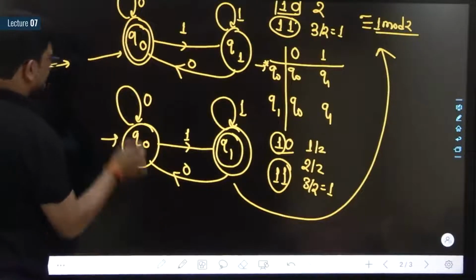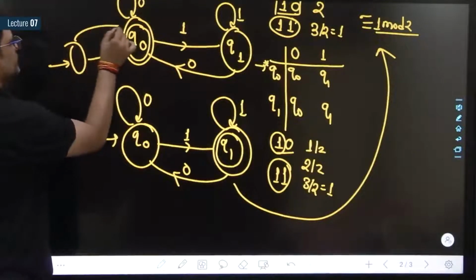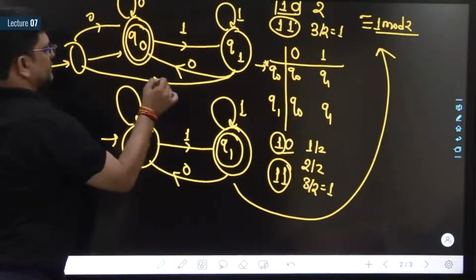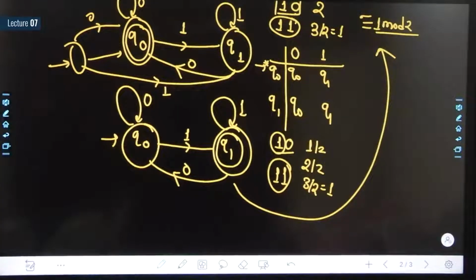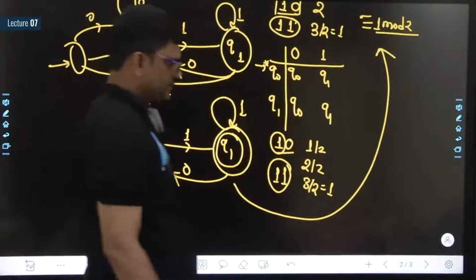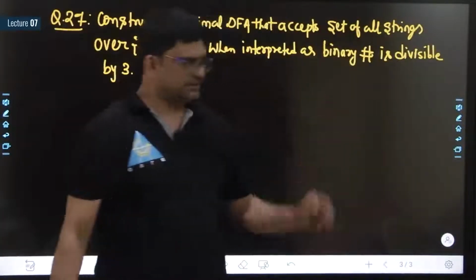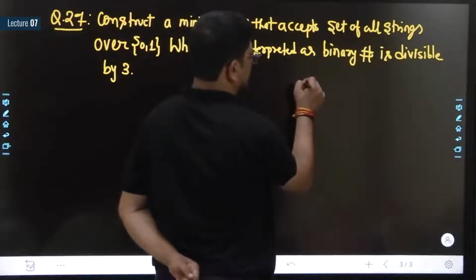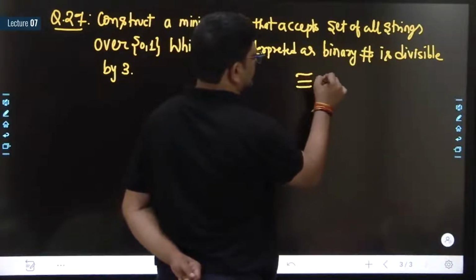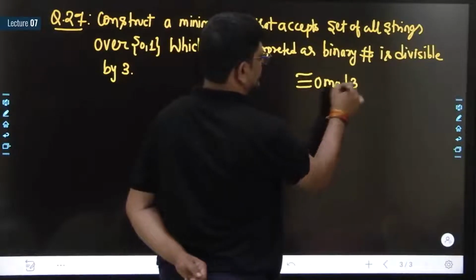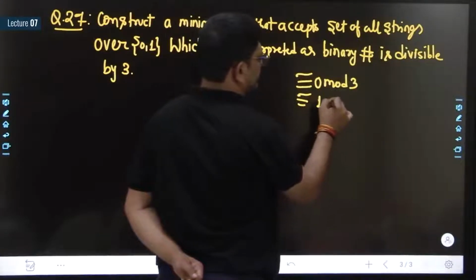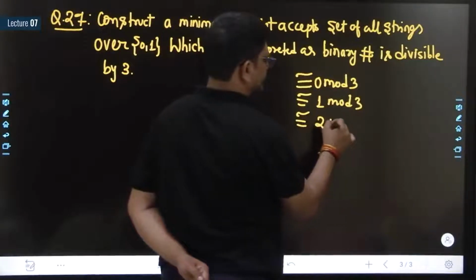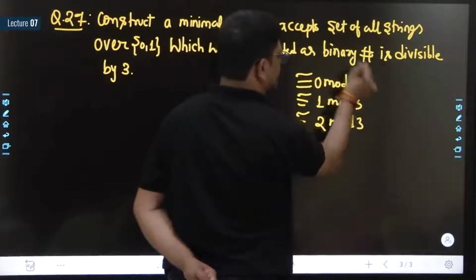The transition for this state is 0 in this and 1 for this. Clear? Try to do this question. There are also 3 questions possible: congruent to 0 mod 3, 1 mod 3, and 2 mod 3. These 3 questions are possible.